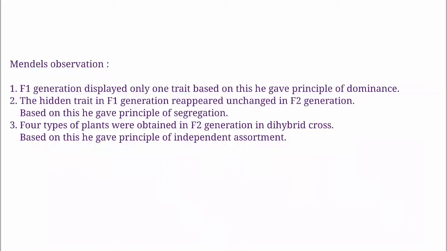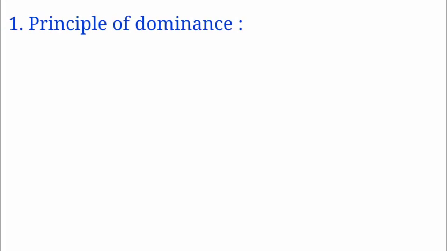Right? Now, if I have to state the principles of inheritance, initially in the first video lecture I did say the 3 principles of inheritance are what? Principle of dominance, second principle of segregation, and third principle of independent assortment. Let's go into it. The first one, principle of dominance. Now, in heterozygous organisms, I hope you understand the word heterozygous, right?